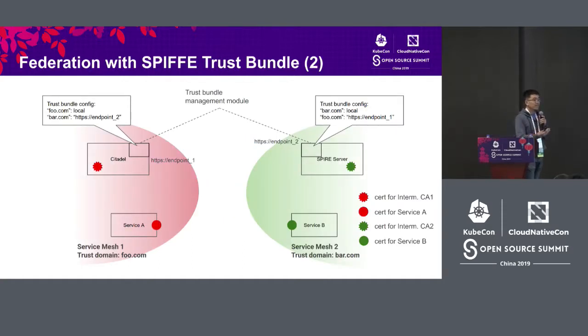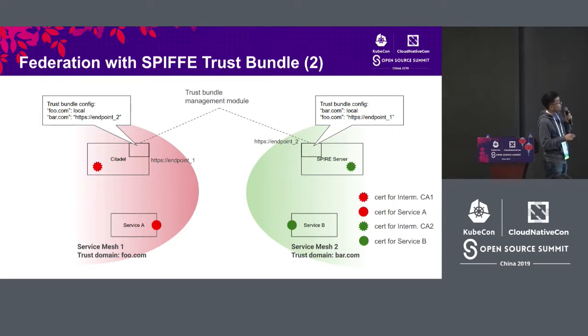To give you a more vivid explanation of this flow, I drew this into pictures. This is an example. On the left side, you will have Citadel. Citadel is the CA in Istio. On the right side, it's the SPIRE server, which is the CA in the SPIFFE standard implemented by the Scytale company. Suppose you want to federate the left side with the right side.